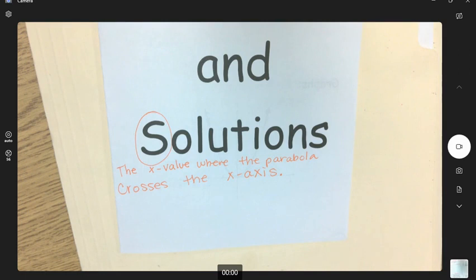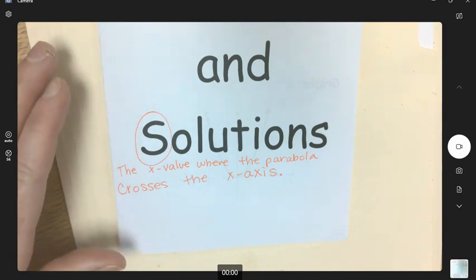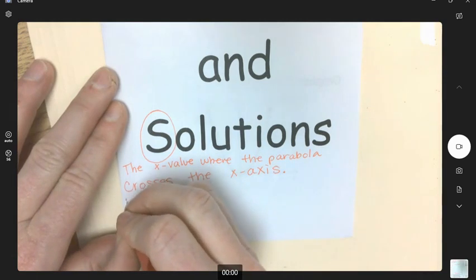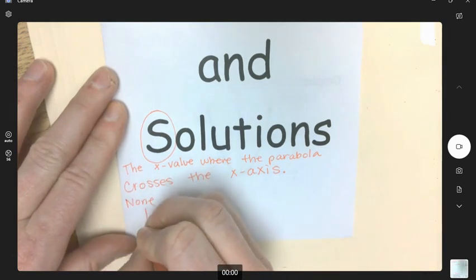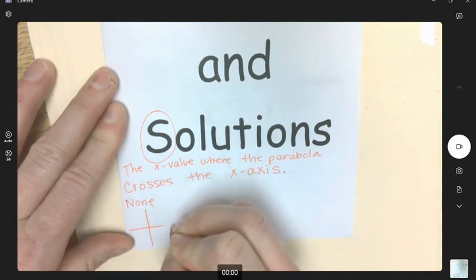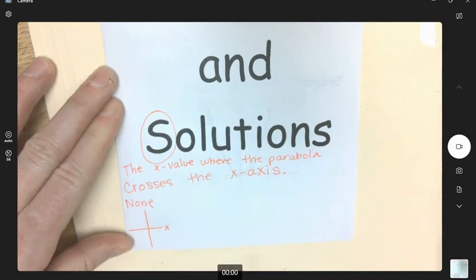There are 3 different ways that it can cross the x-axis, or 3 different types of solutions. One type is it doesn't cross at all. So we're going to say none, and we're going to draw a graph where it doesn't cross the x-axis at all.